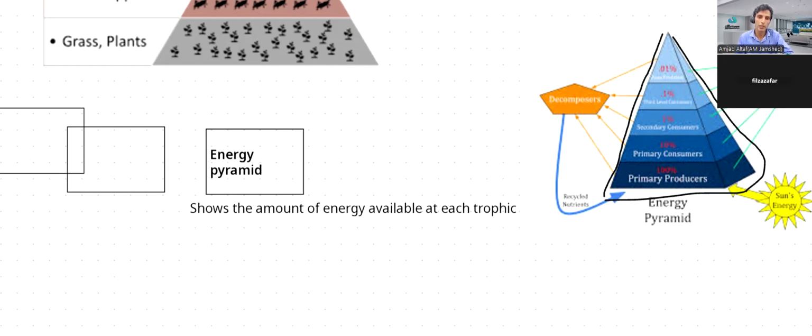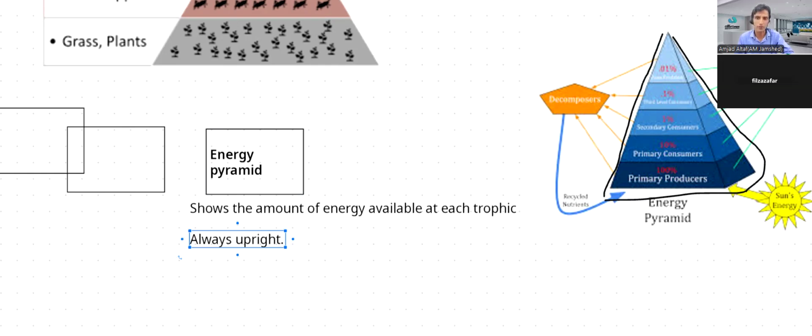In this case it is always upright. This energy pyramid is always upright. There would be a question here of why it is upright. We'll try to address that as well. I hope you have an idea.